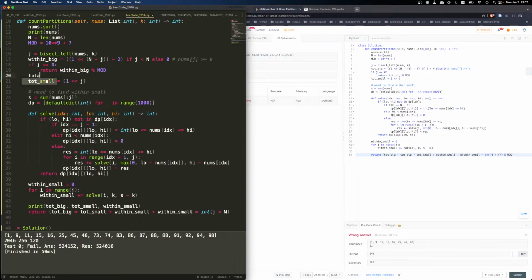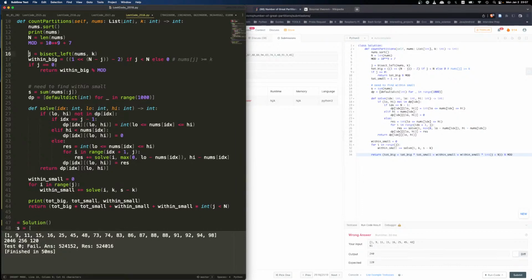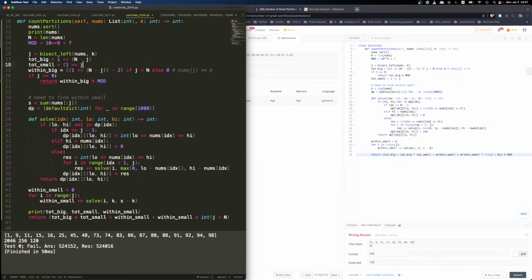And then we have total big. Total big, total small.